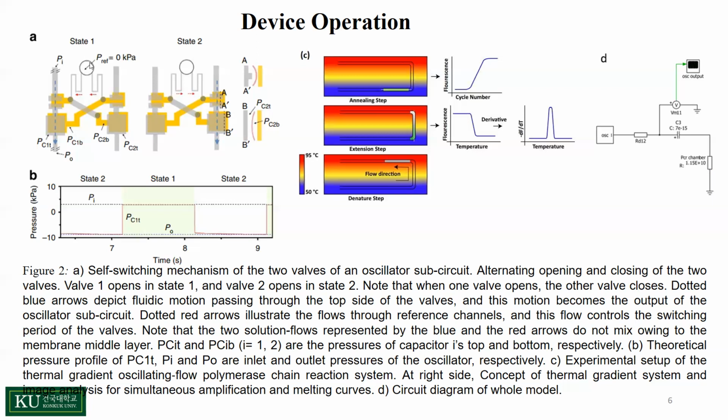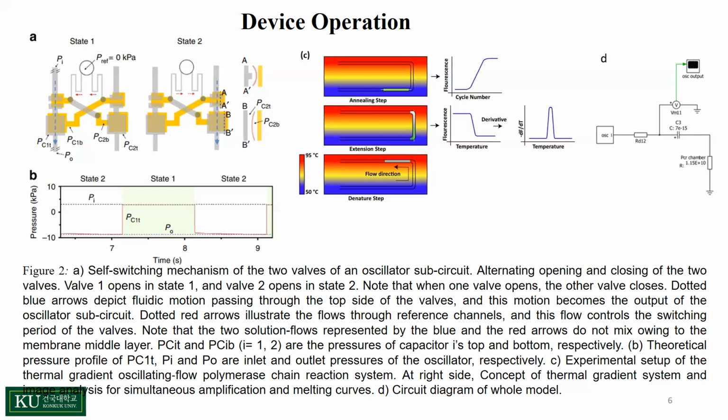It will bring fluid from the reference pressure toward this capacitor. So the fluid will flow from 0 kilopascal to the capacitor. In the meantime, it will try to close valve V1 as there is motion of fluid.